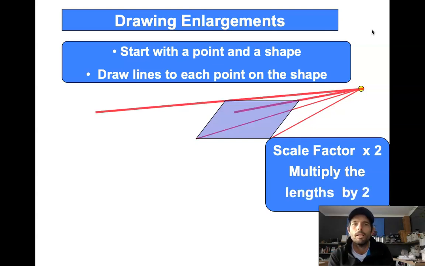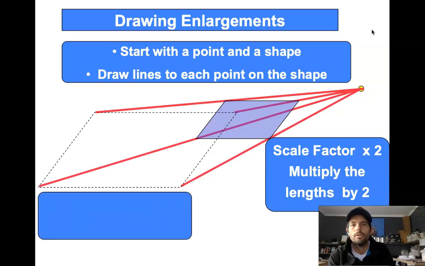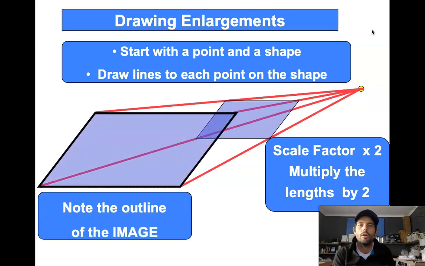So you multiply each length by 2, and the important thing to notice here is that the image can actually overlap the original image. So don't be concerned if your enlarged image is overlapping your original small image. If that's the way it works out, then that's the way it works out.